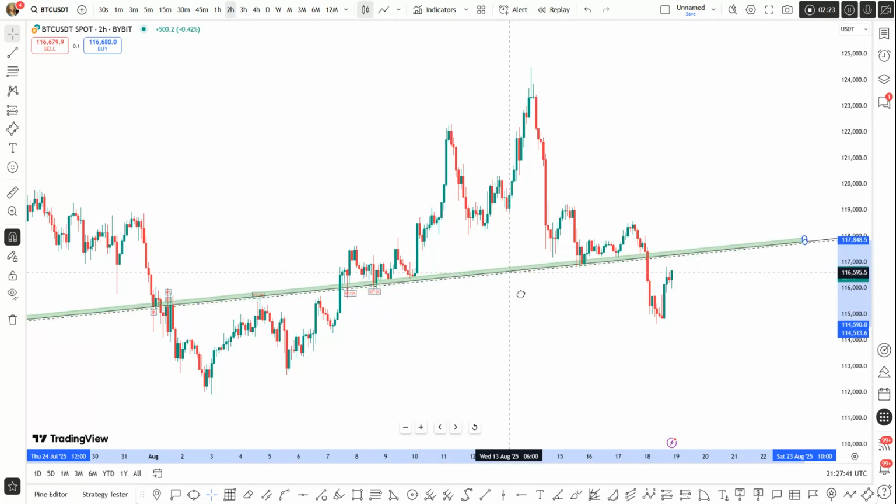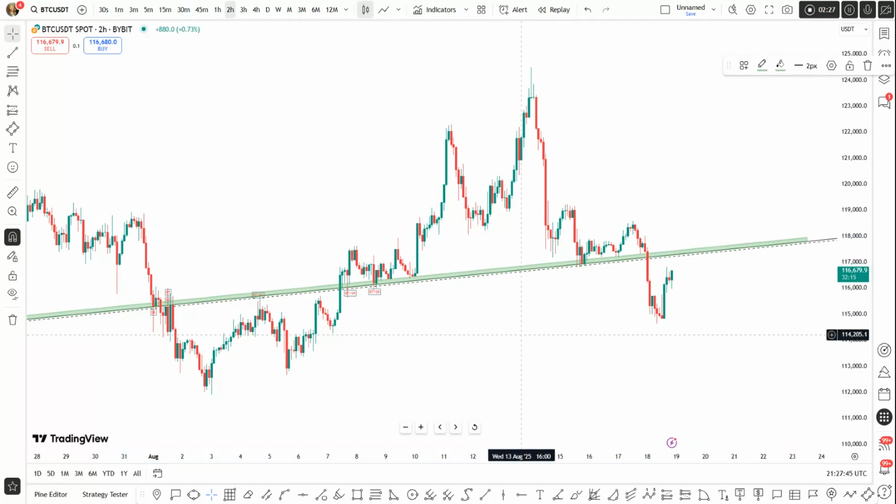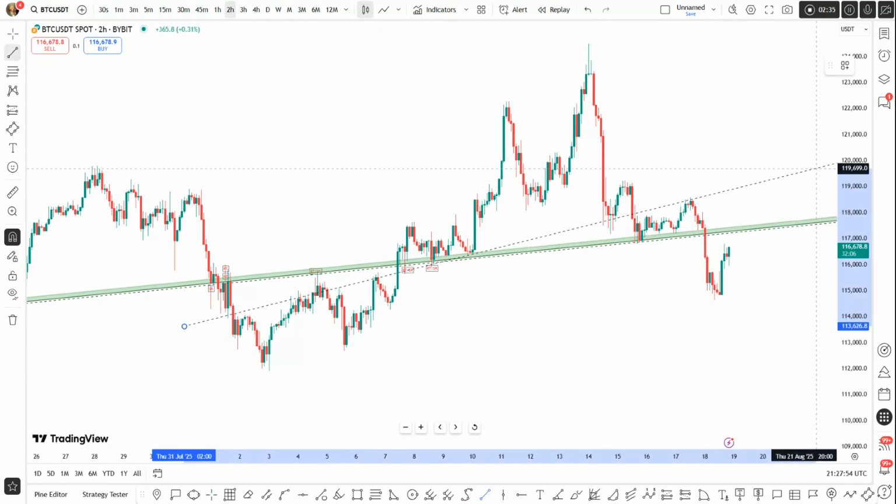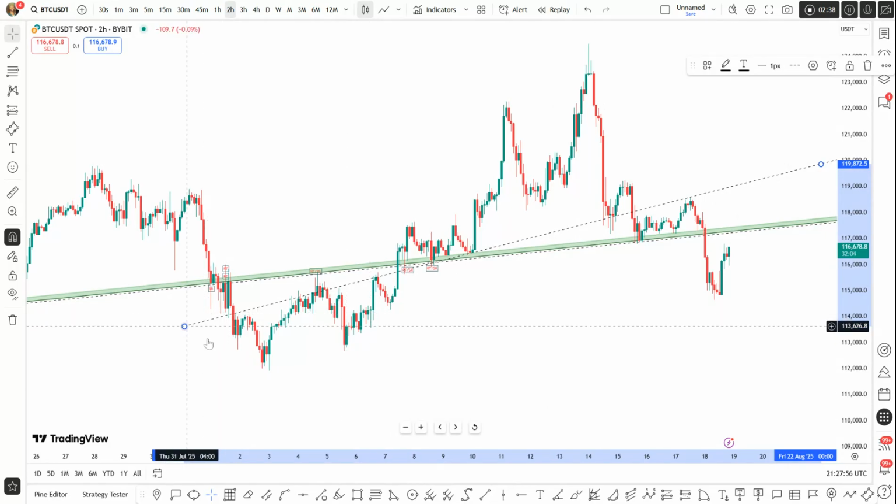I'll put my zone up. So in case the market dips itself up, then we want to look for a sell opportunity from there. Then another one, which is the key critical retest today, which we have leveraged on.